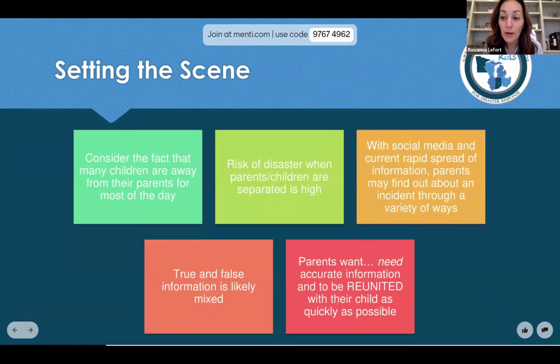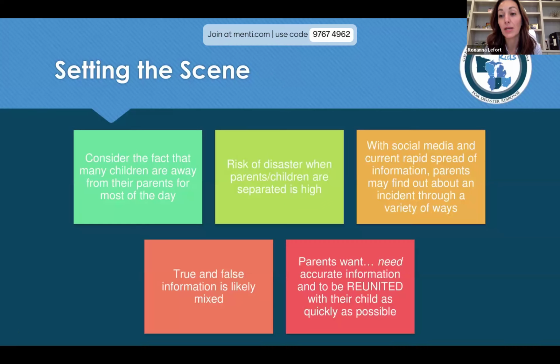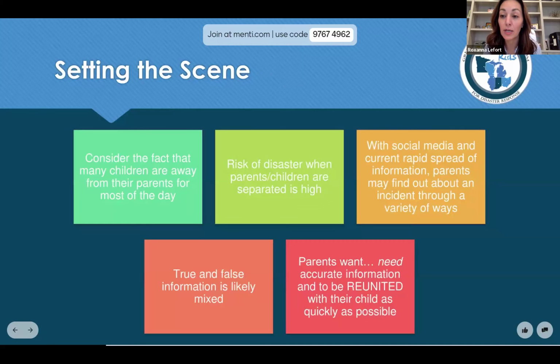But also, if you think about it, children spend most of their waking time away from their primary guardians from the age of 5 on into adulthood. So there's a large amount of time that kids are going to be separated from their parents. And so a disaster might occur, again, high risk, when they are not with their primary guardians. And another reason a reunification plan is super important.